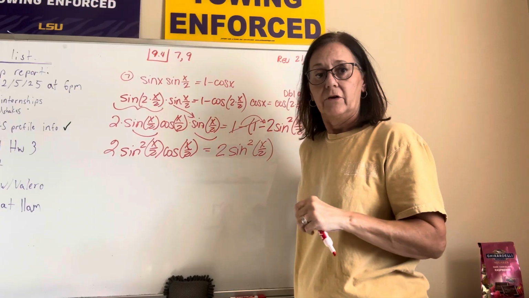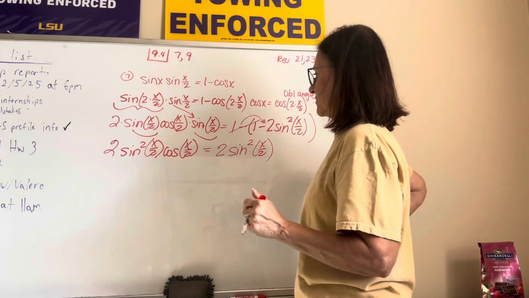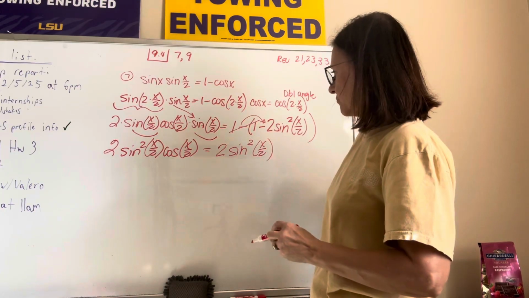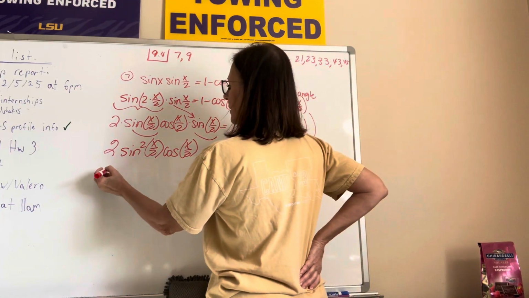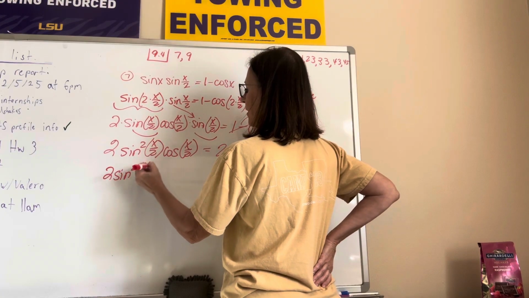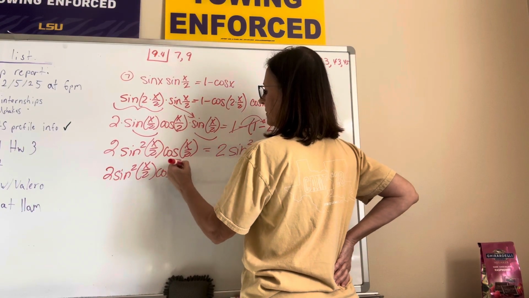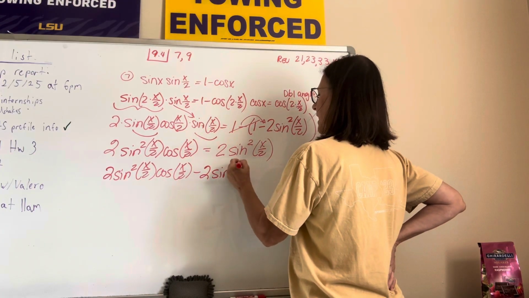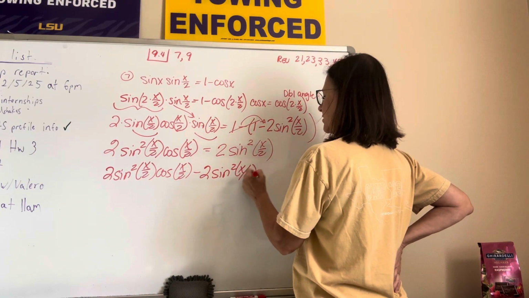This is the way I thought to work it today. Well, look what cancels. I'm just going to subtract. We're not going to cancel. I'm going to subtract and set it equal to 0. So it's 2 sine squared x over 2. You really don't cancel with trig. Minus 2 sine squared x over 2 equals 0.